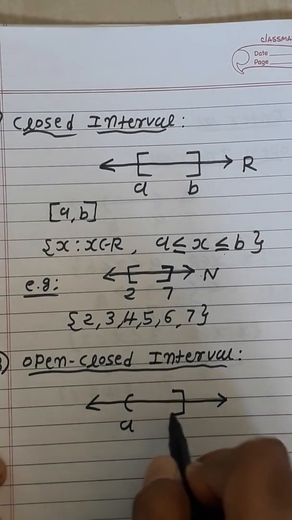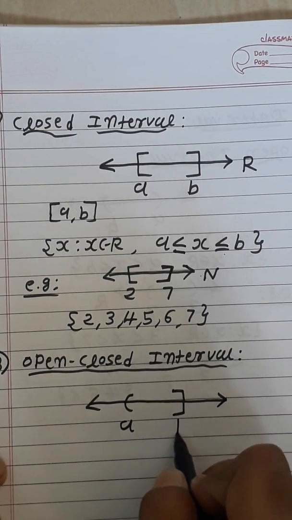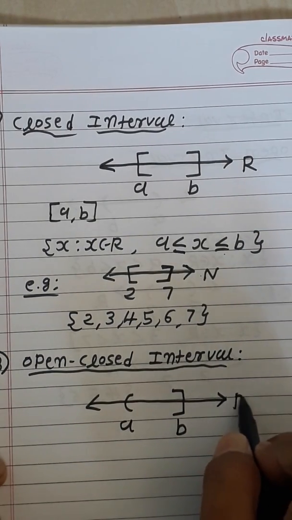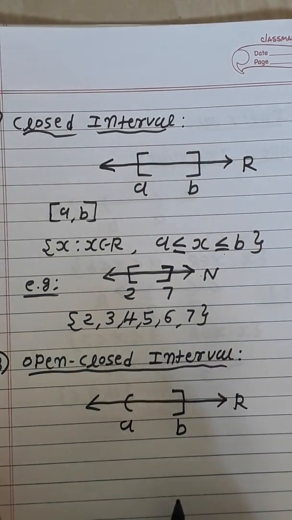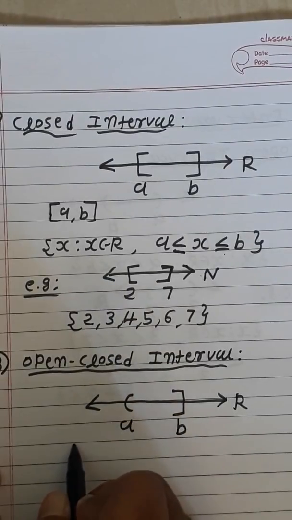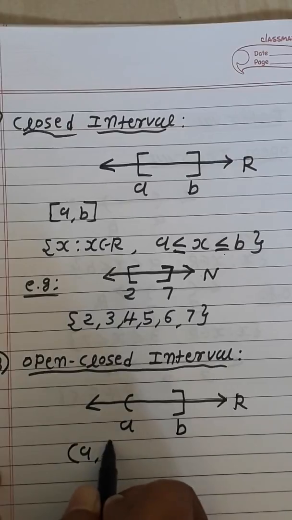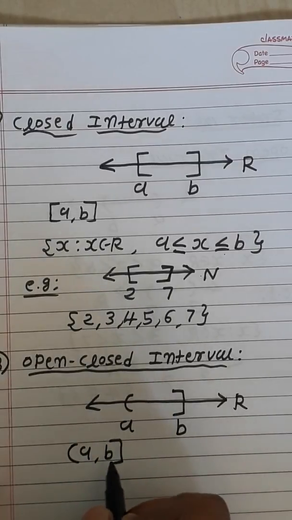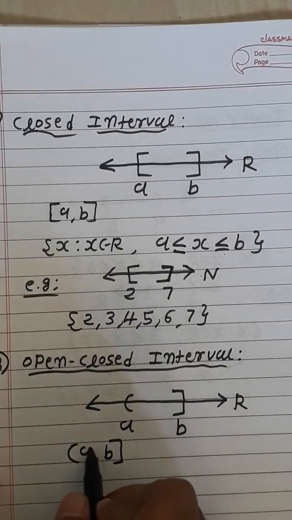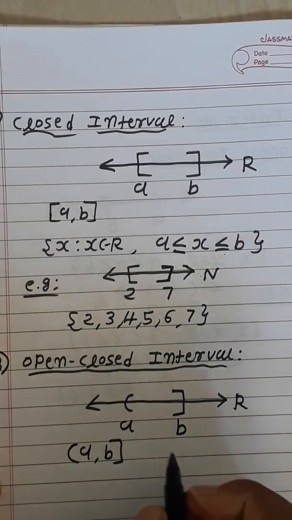Here we take elements A and B, and the number line is the real line, so we represent it in interval form as open closed interval (A, B].